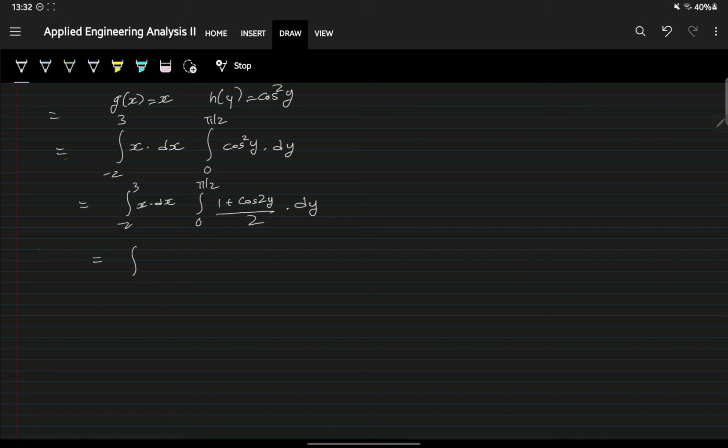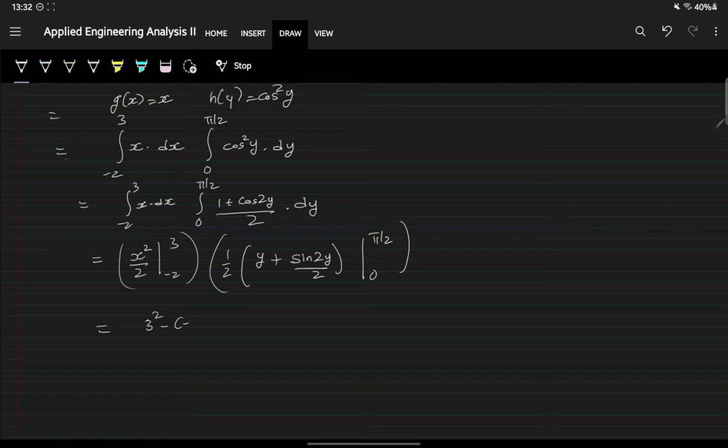So solving this, we get x square by 2 between minus 2 and 3, multiplied by 1 by 2 times y plus sine 2y by 2, between 0 to pi by 2.